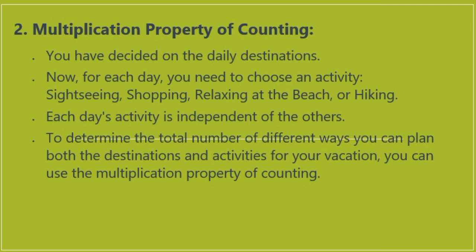Now, for the multiplication principle of counting, for problem one, you have to decide on the daily destinations. For each day, you need to choose an activity: sightseeing, shopping, relaxing at the beach, or hiking. And each day's activity is independent of the others. To determine the total number of different ways you can plan both the destinations and activities for your vacation, you can use the multiplication principle of counting.